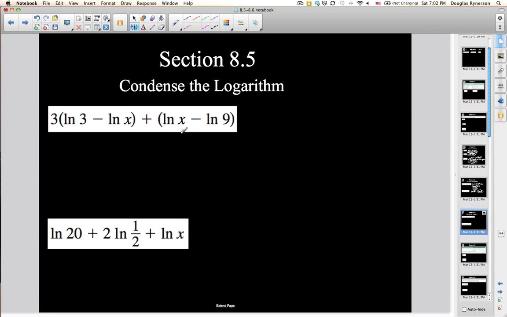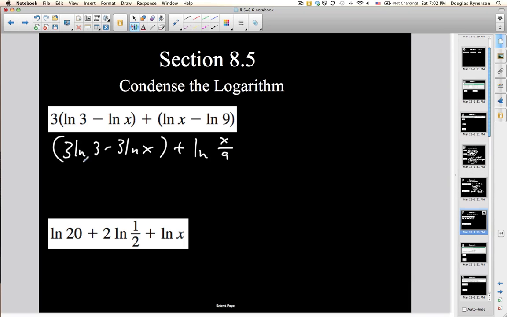Okay, here's some more. What I would first do in this problem, because it's a little complicated, is distribute the 3. So this would be 3 natural log of 3 minus 3 natural log of x. So we'll have that, plus, over here, division would become natural log of x divided by 9.